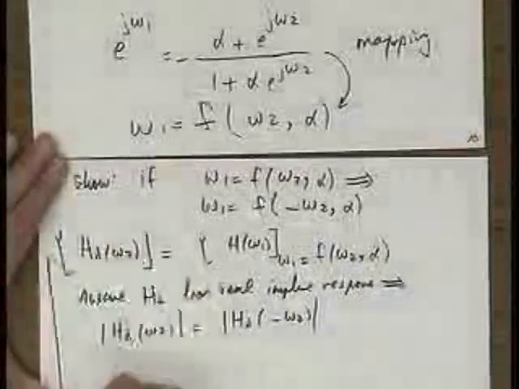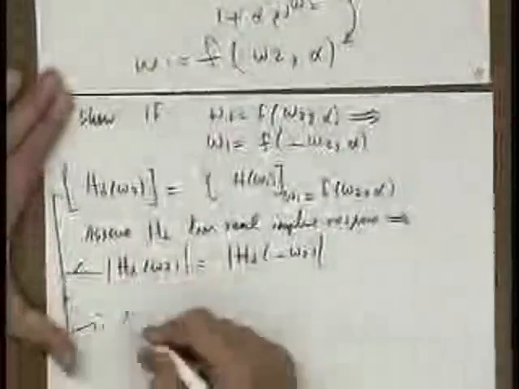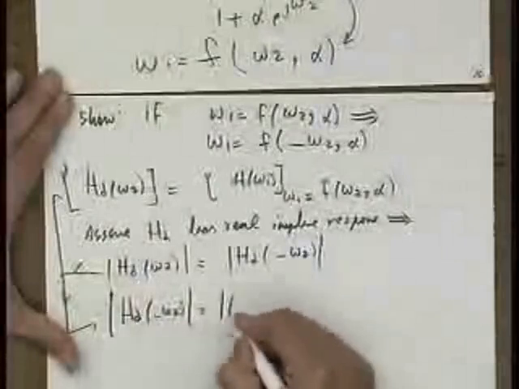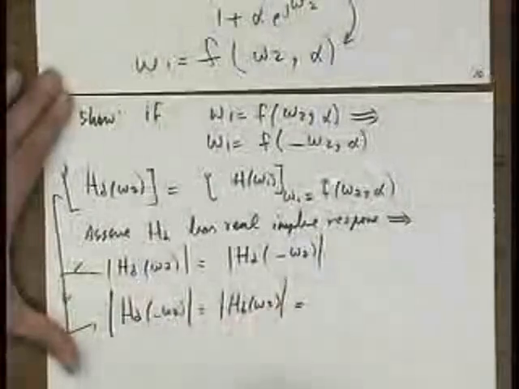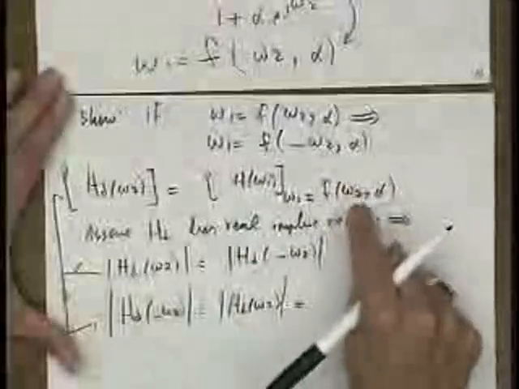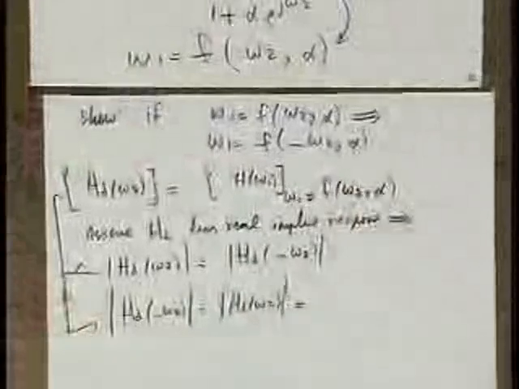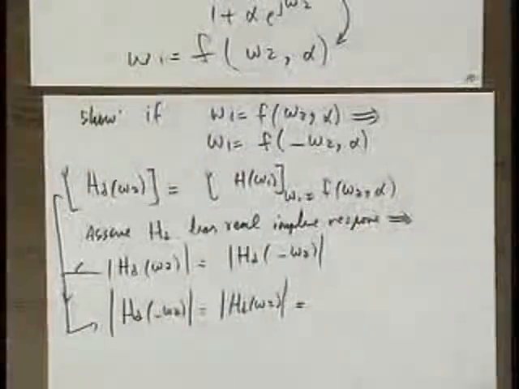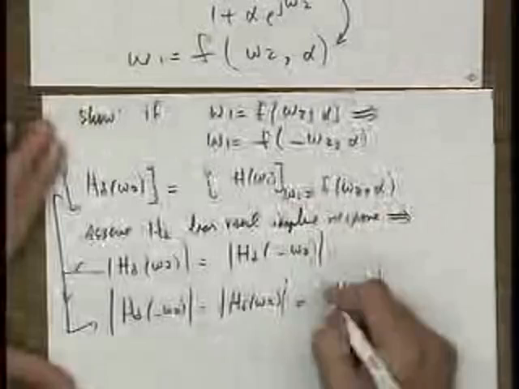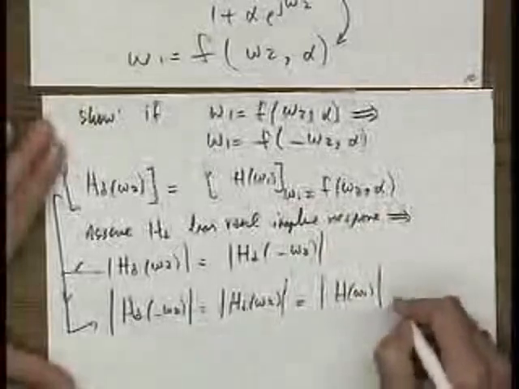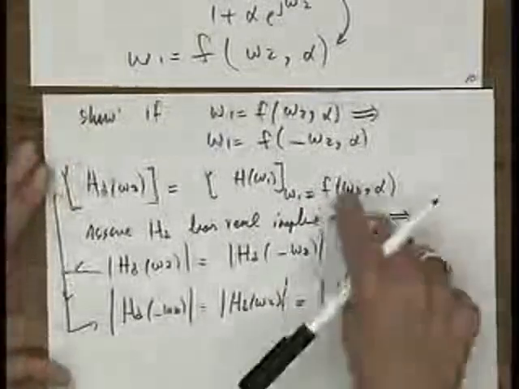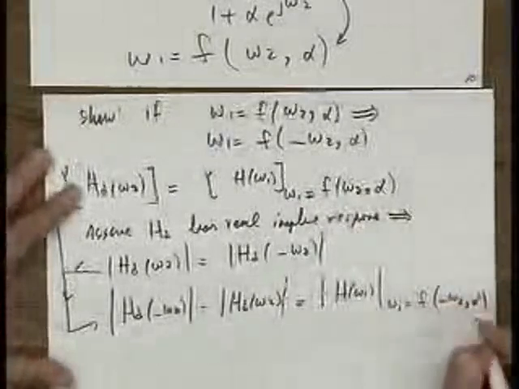And then what can I say here? Combining these two things together, I can say that the magnitude of H sub d of minus omega 2 is equal to the magnitude of H sub d of omega 2, which is equal to, and now I'm going to replace this guy, the magnitude of H of omega 1 again, with omega 1 equal to f of not only omega 2 comma alpha, but minus omega 2 comma alpha as well.